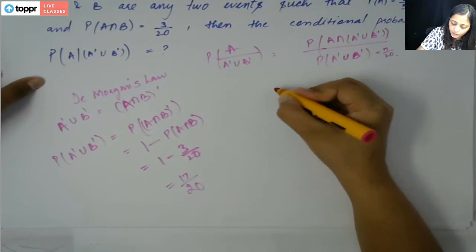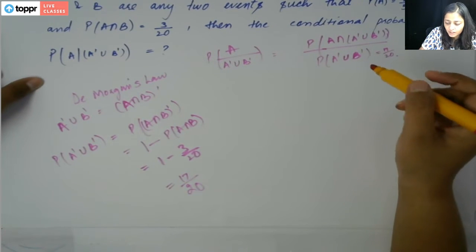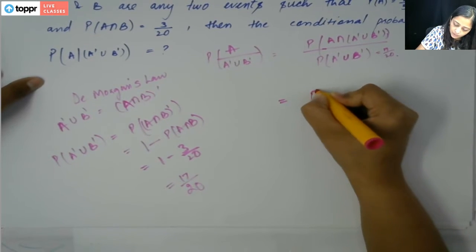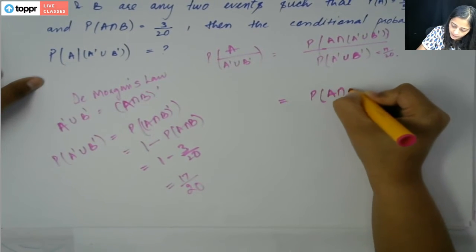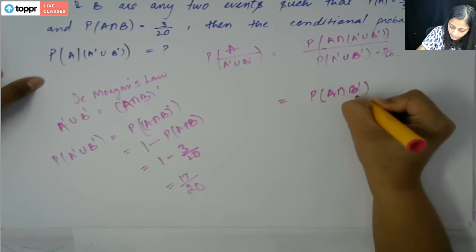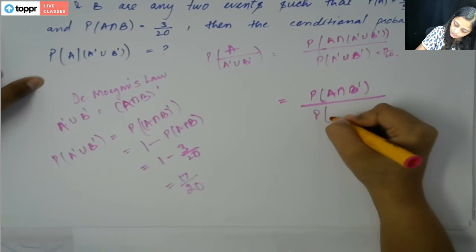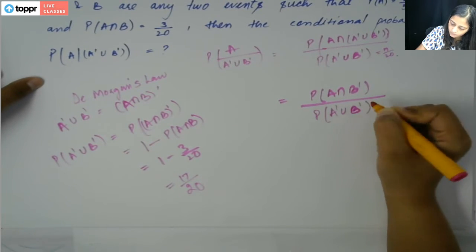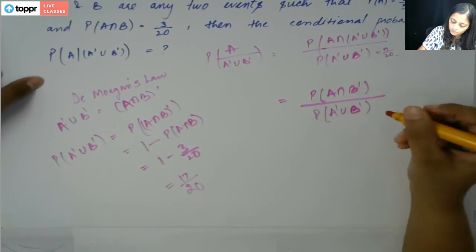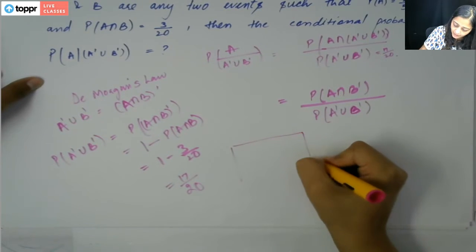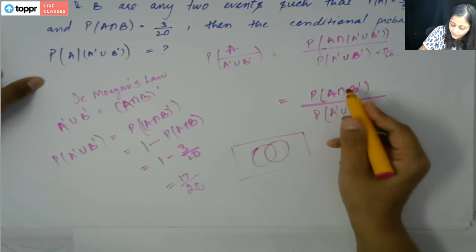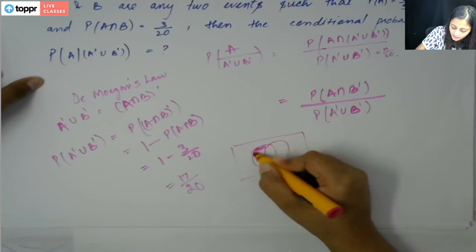Now we have to find the numerator, which is A intersection A complement union B complement. So it is equal to probability of A intersection B complement. If we draw the Venn diagram, if we have A like this and B like this, A intersection B complement is this region.